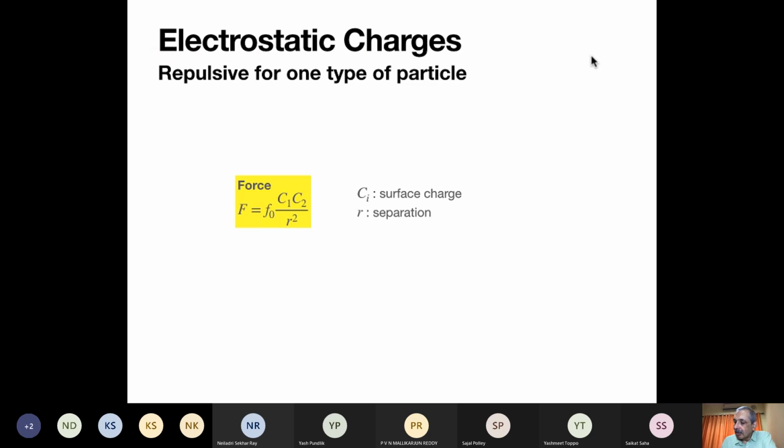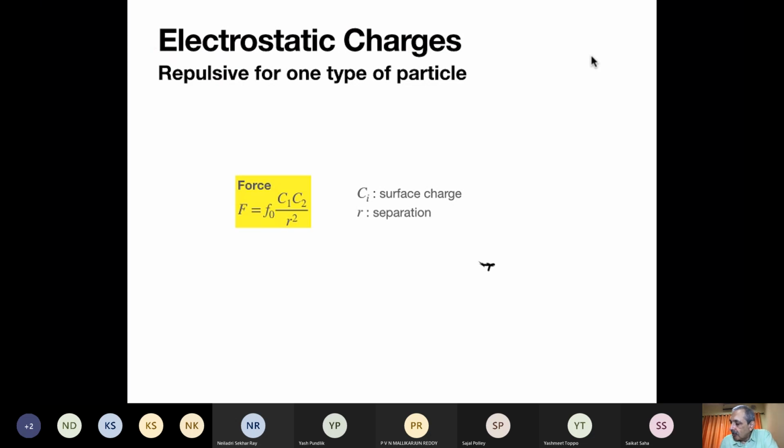Another force is electrostatic, and this is a repulsive force if you're just looking at one type of particle. These things become quite important in particulate flows because when particles rub against each other, their surfaces may get a charge that collects.